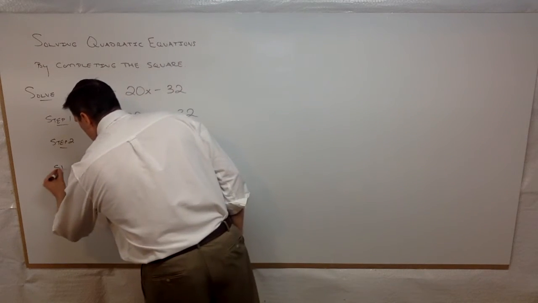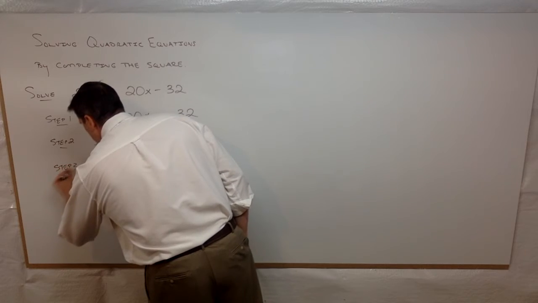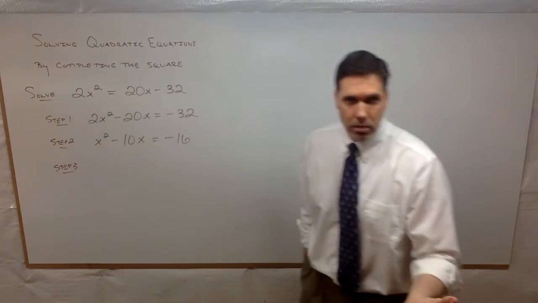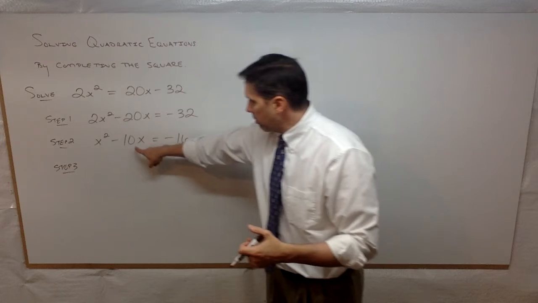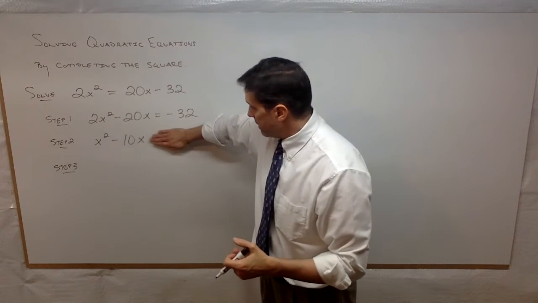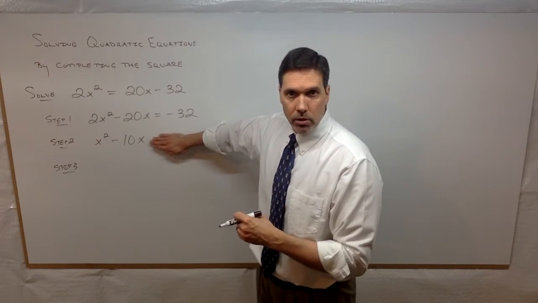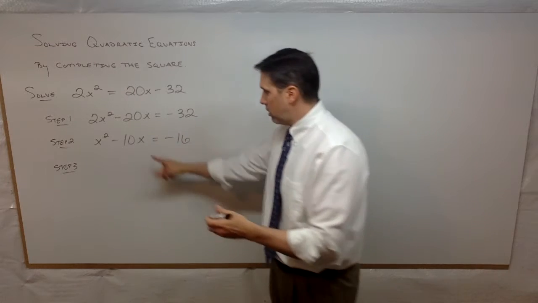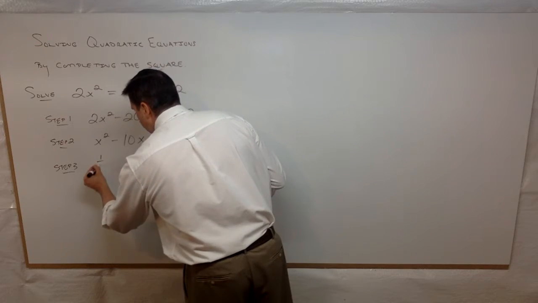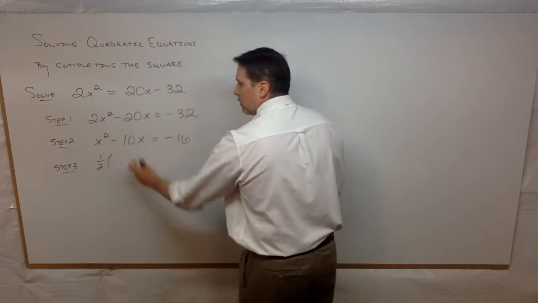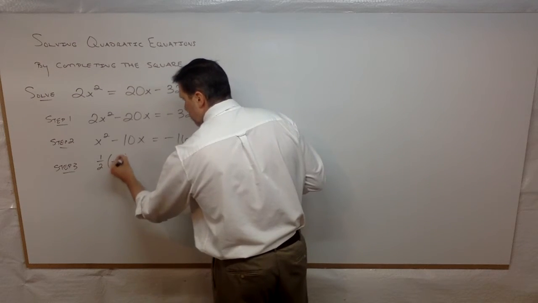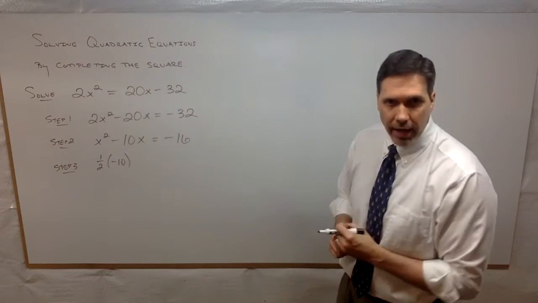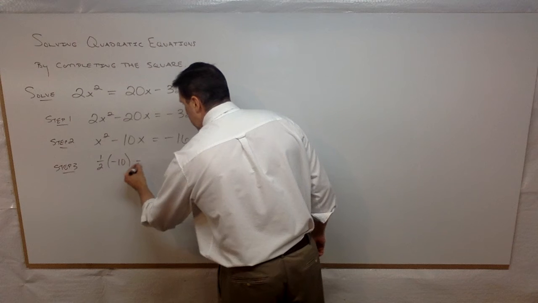Step 3. I kind of consider it my scrap work step. I'm trying to figure out the number I need to add to x squared minus 10x to get a perfect square trinomial. Well, the trick is we're taking 1/2 and multiplying it by our linear coefficient, which is now negative 10. So 1/2 times negative 10 is negative 5.